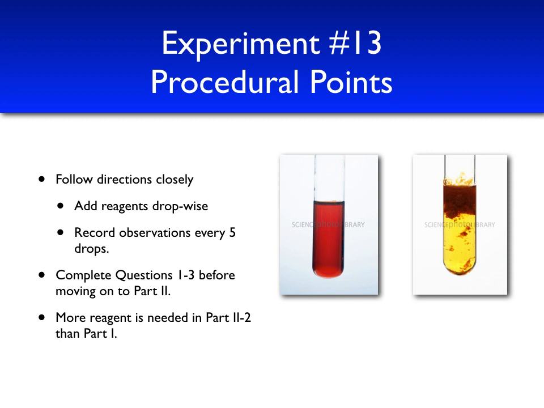It is also important to note that in part 2, we are using more reagent than we are in part 1. This is because in mixtures of different cations, it is important to add enough reagent so that it reacts with all the cations that might be present in the solution.